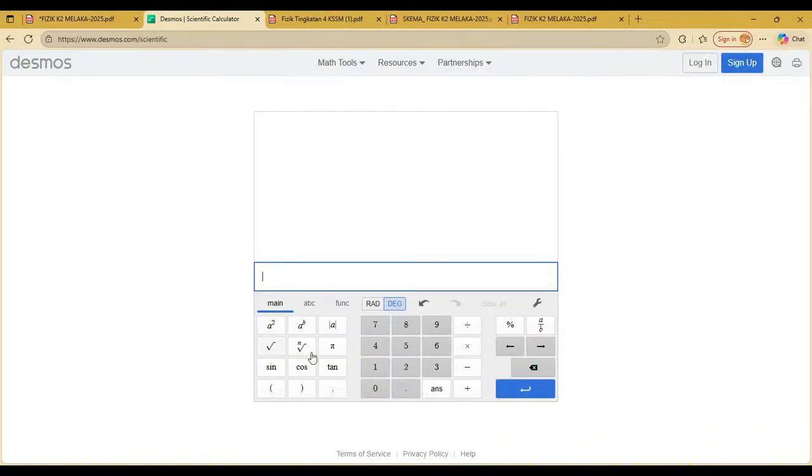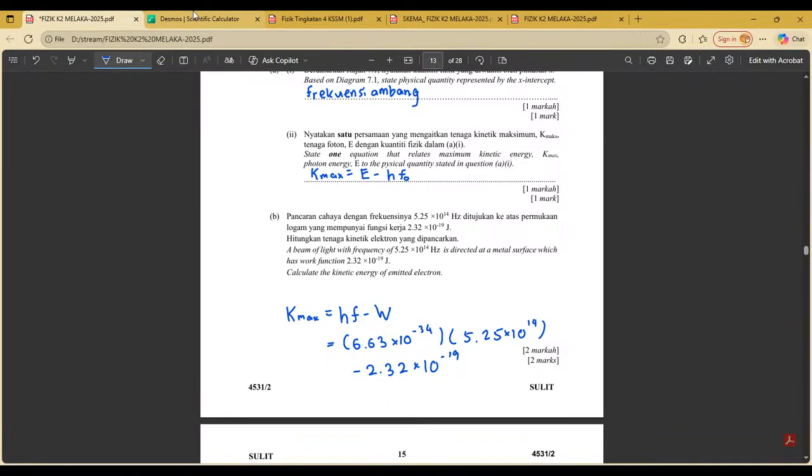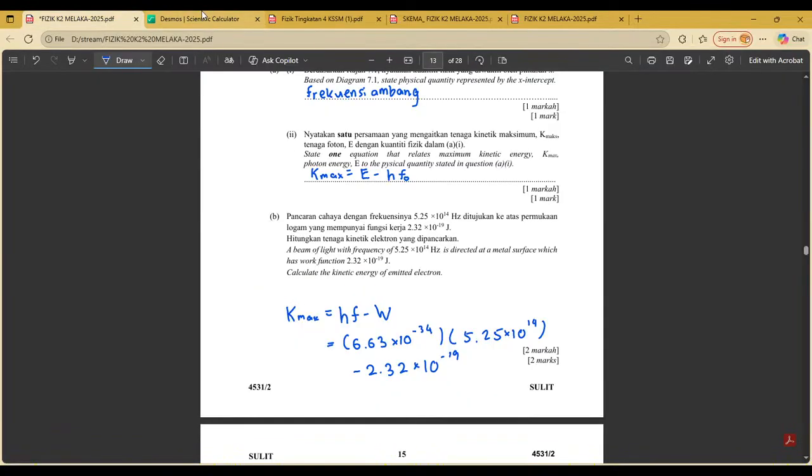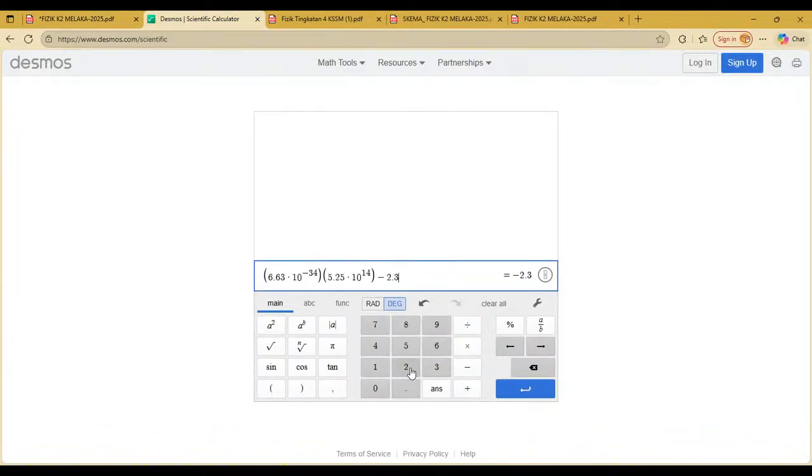6.63 times 10 to the power of negative 34, 5.25 times 10 to the power of 14, minus 2.32 times 10 to the power of negative 19.